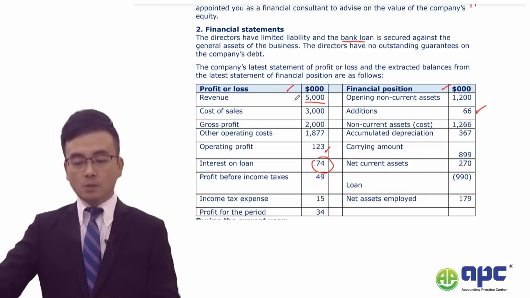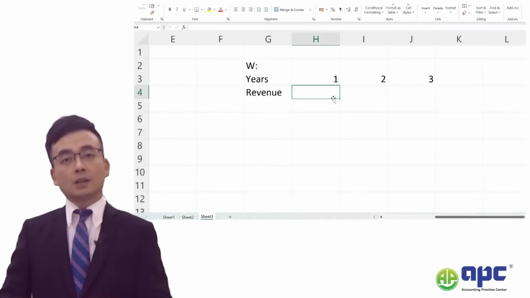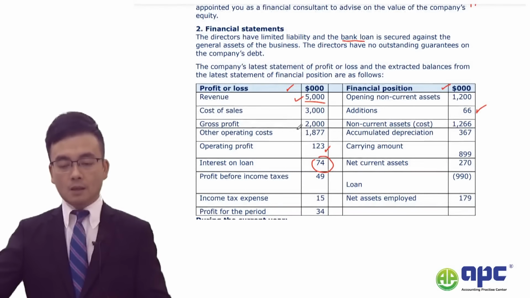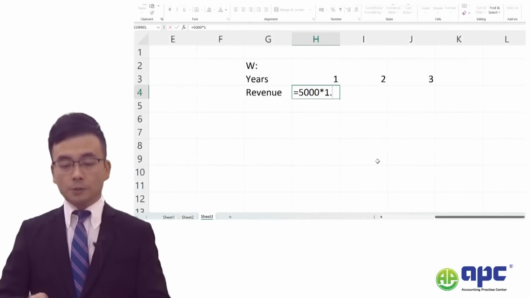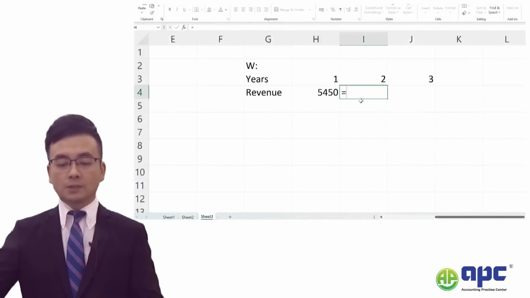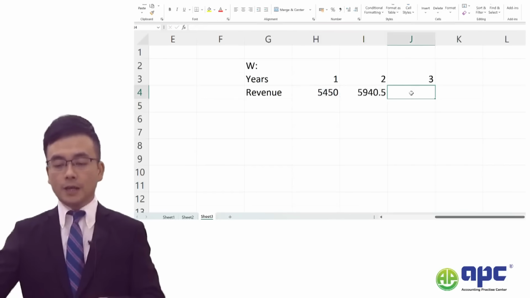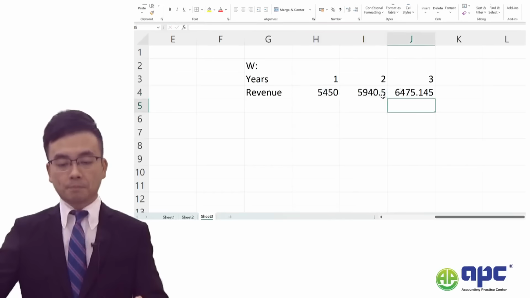Now the revenue was 5,000 there. So that means today is 5,000, but in 1 year's time, 5,000 times by 9% of the growth rate. So 1.09 in other words. So simply copy 1.09 there, and then in year 2, basing on the year 1, times by 1.09, and then year 3, basing on year 2, times by 1.09.